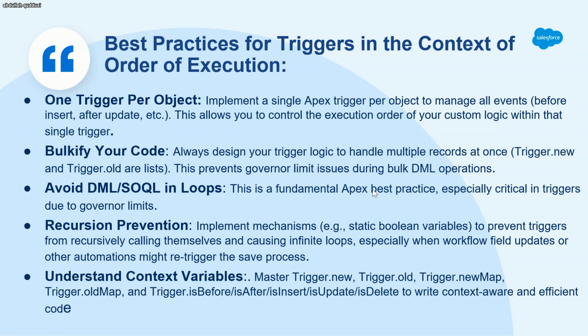And at last, the most important thing that we need to master is how we can use trigger.new and trigger.old. These are very important context aware variables, and they can make our life very easy if we know how to use these context variables smartly.